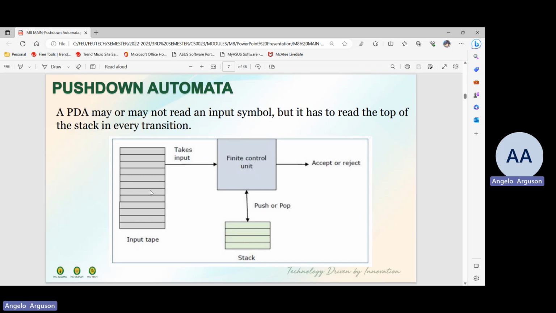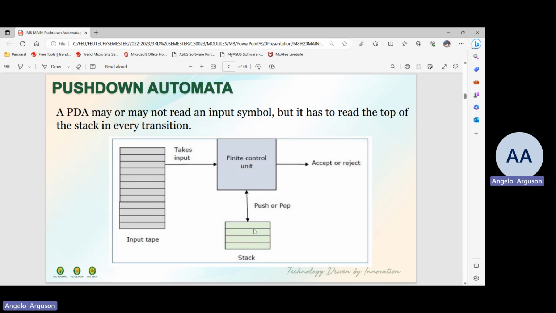Here we have an input tape, the finite control unit and the stack. The input tape is divided into several cells or symbols. Also, the input head is read only and may only move from left to right one symbol at a time, which then takes an input and passes it on to the finite control for processing. The finite control has a pointer which points to the current symbol which is to be read.